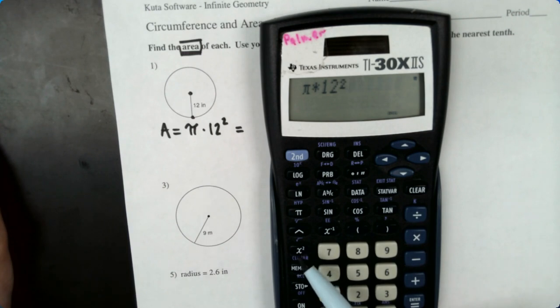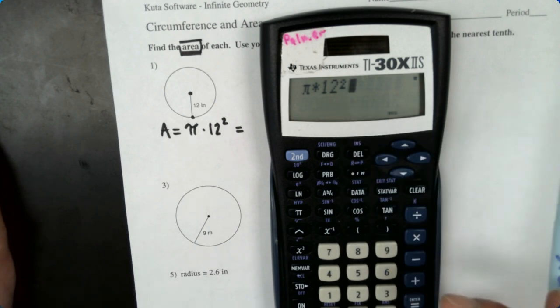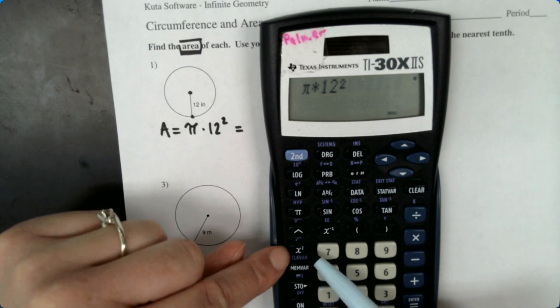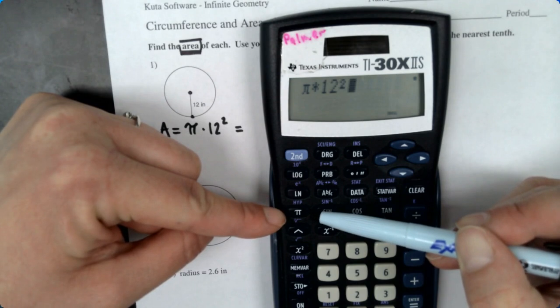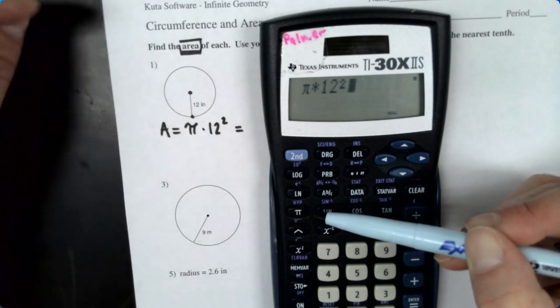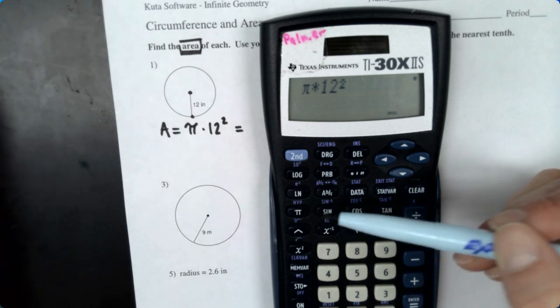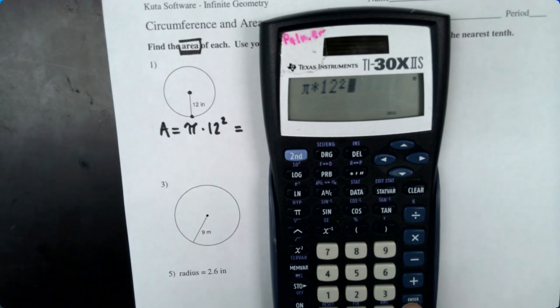I can just push that, and do you see that gives me the little squared? This one right here, it's x to the 2. Oh, pi is right here. Okay. And then you find that.